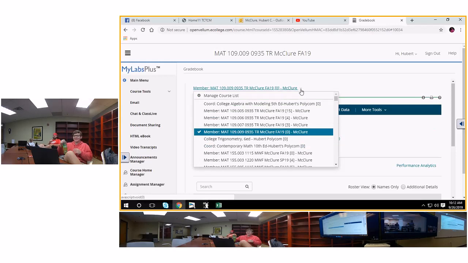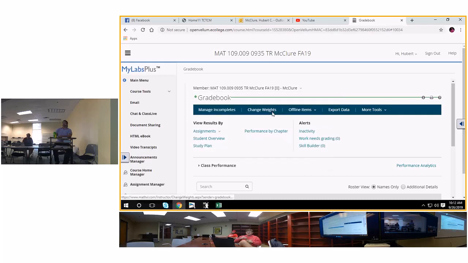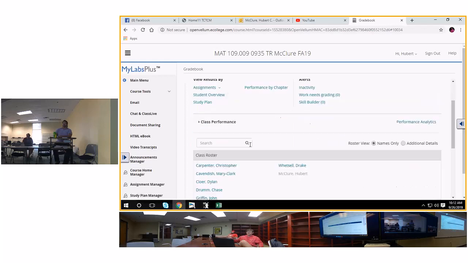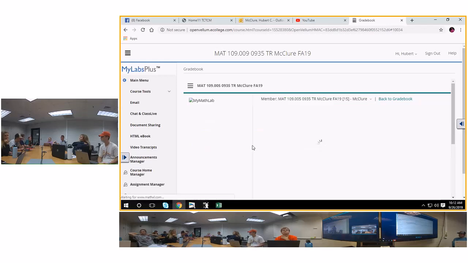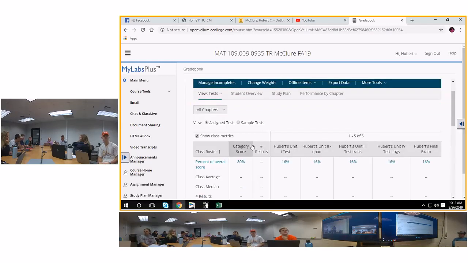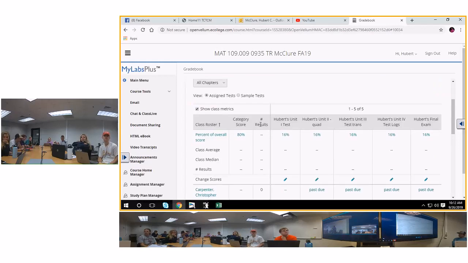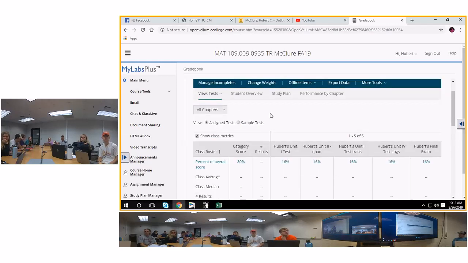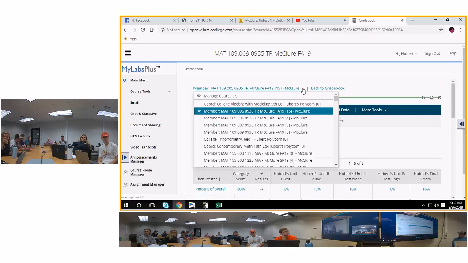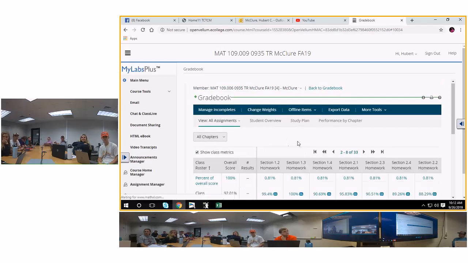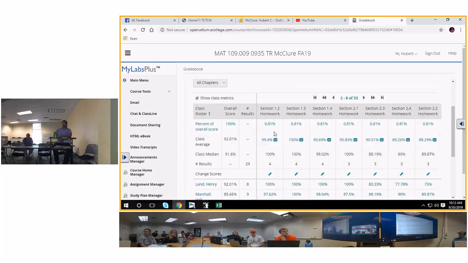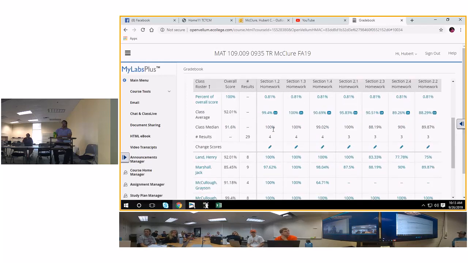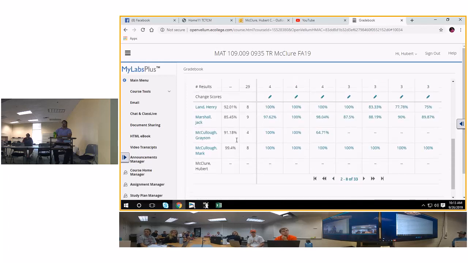Yeah, whatever. All right, so this is Math 109. This is the Pendleton campus. Let's see how they're doing. Has anyone taken it here? No. There's only one person taking it at the Pendleton campus. Way to go, Pendleton. All right, is this the Anderson campus? Okay, this is the Anderson campus.